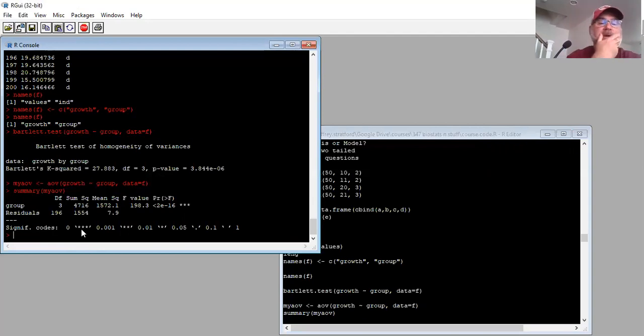The wonderful thing about R is that you can look and do a postmortem test. The postmortem test is what we call when you do a test to make sure it was a good test. So let's plot my AOV.